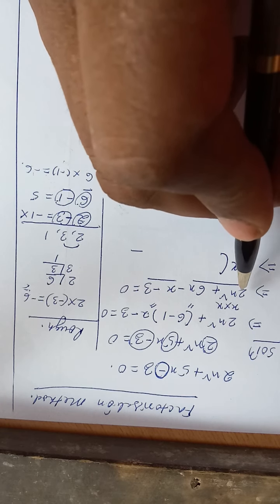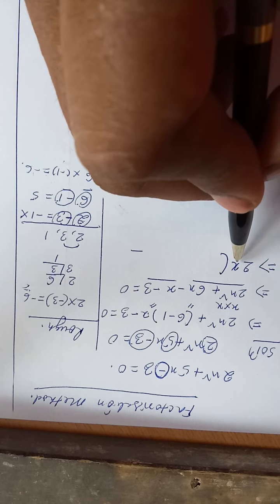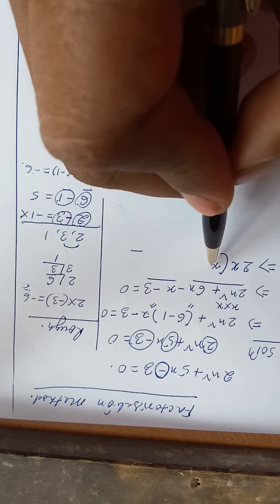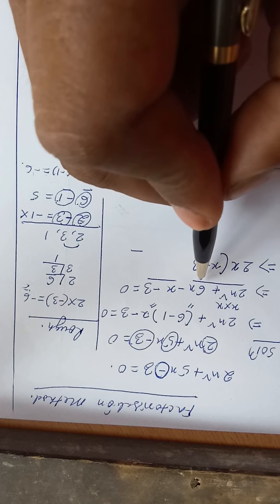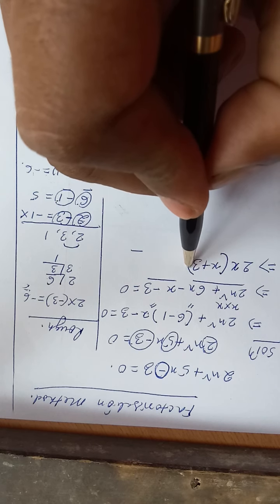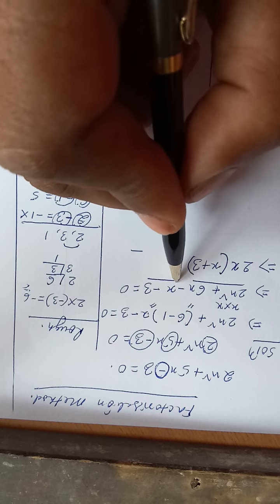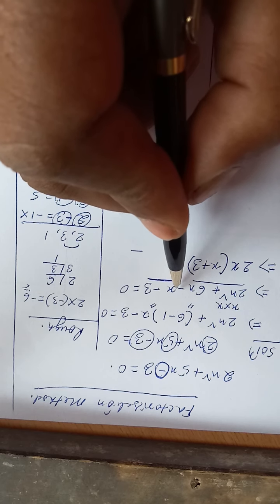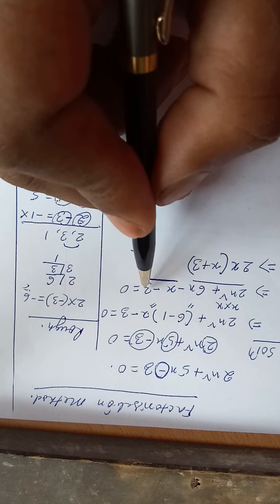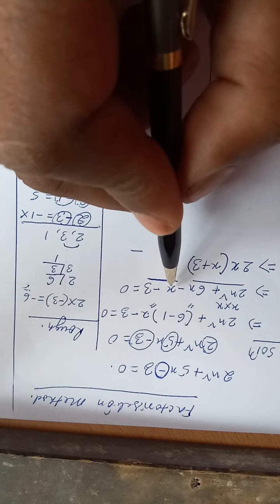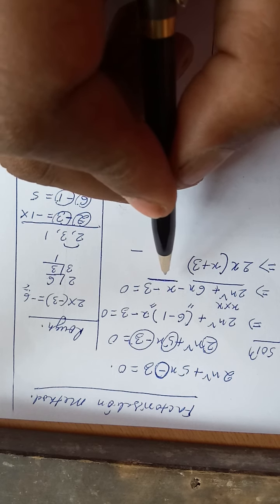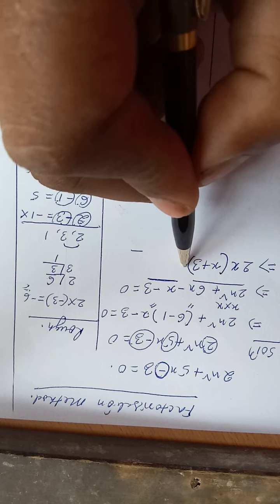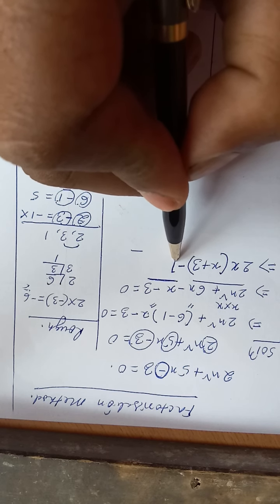Then from this term 2 is taken common and x is left, plus from this 6, 2 is taken common, that is 3 is left, and this x is taken common, close the bracket. Again in these two terms, in the numbers there is no common, here 1 is there, here 3 is there, so in numbers there is no common. Here a variable is there, but in this term there is no variable, so in variable also there is no common, so 1 we shall take common.